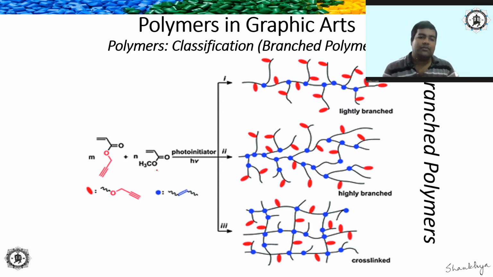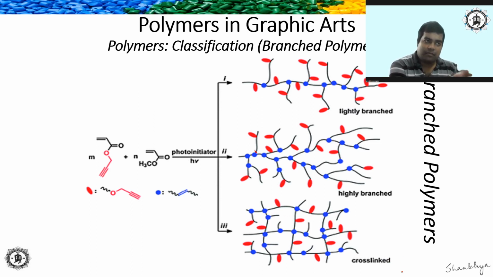Here, normally, multiple units are attaching themselves together in this branched fashion, right? They are not linear like polyethylene or PVC, etc. They are branched. So depending upon how well they are branched, their properties will vary.